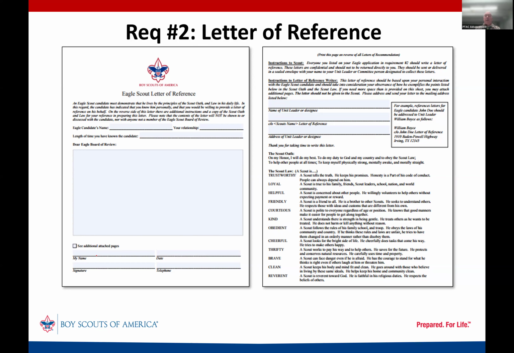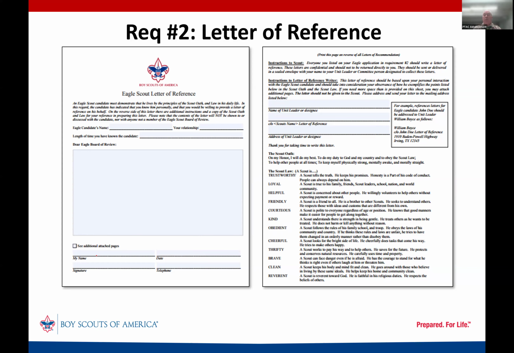The thing that I really like about it is on the second page. It includes instructions for the scout and also instructions to whoever is writing the letter of reference. The comment I always use is to remember this letter of reference is to attest to how the scout lives up to the Scout Oath and the Scout Law.